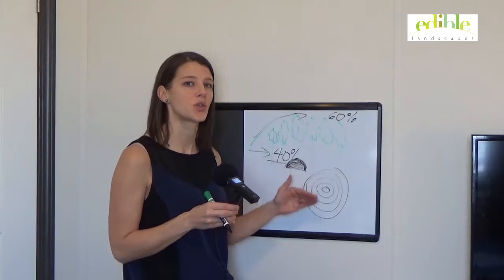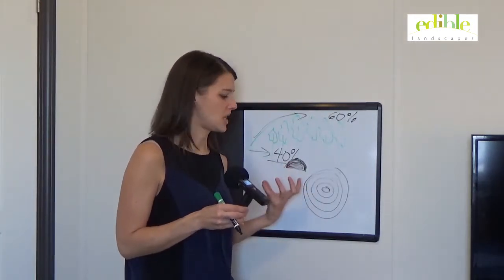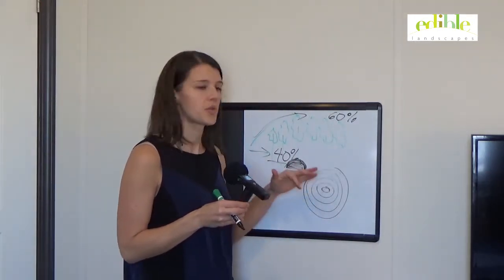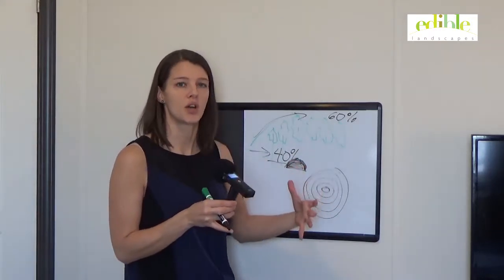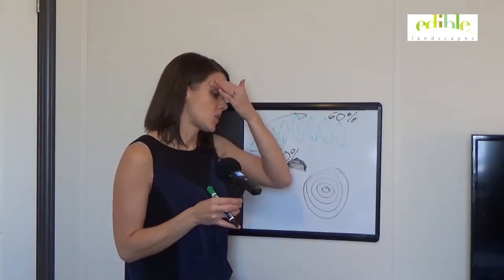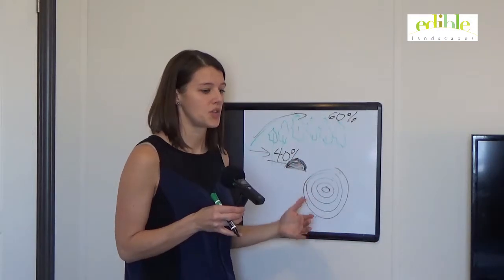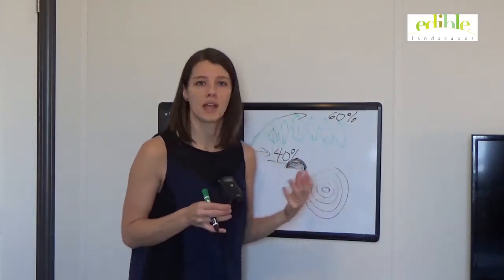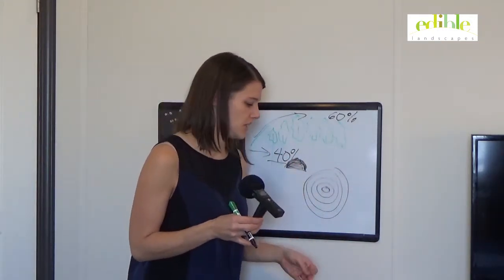And that signals to the tree that it needs to start producing this growth hormone, which will help thicken that trunk over time. And so it knows what kind of response to put forward when the wind is battering it on a constant basis.